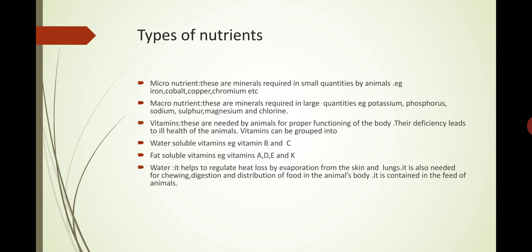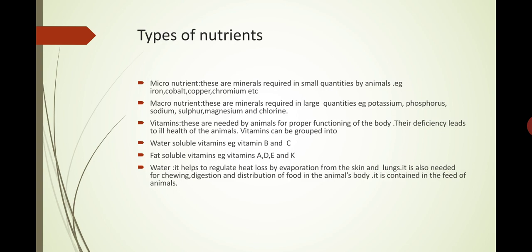We'll go on to the classes of food again, which will go on to vitamins. You can see vitamins are also there. These are needed by animals for proper functioning of their what? Body. A lack of them leads to ill health. If there is no vitamin in your body, you will not be able to do anything. We have a series of vitamins: water soluble vitamins and fat soluble vitamins.